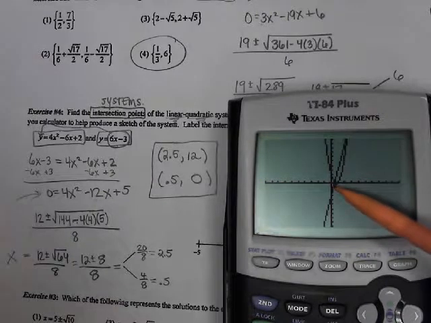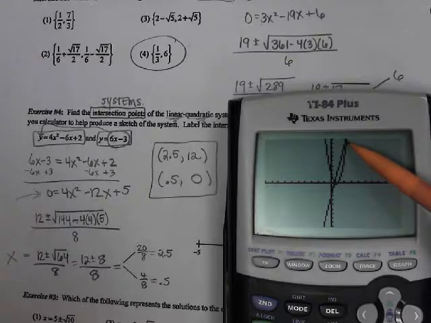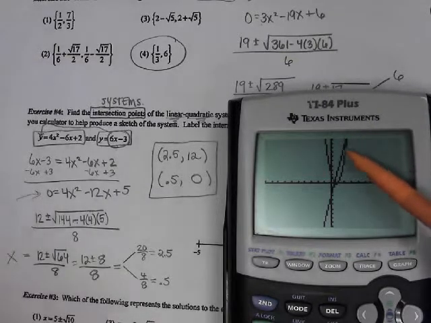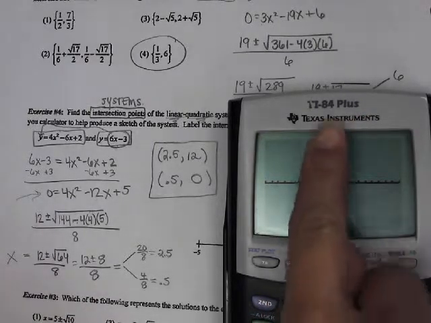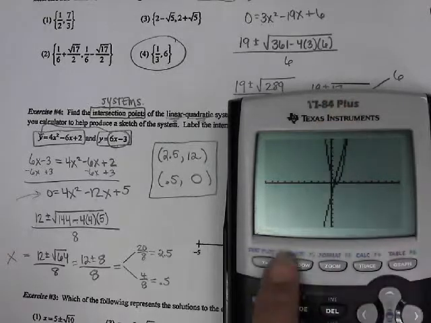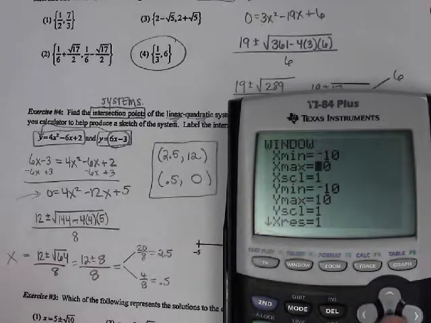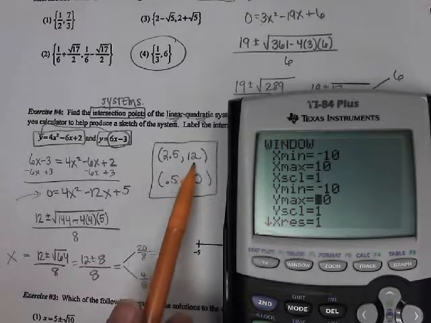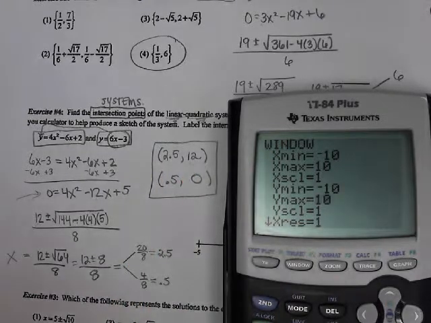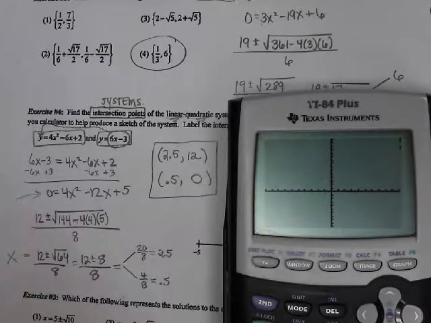And it crosses once, and it crosses twice. This one might cross a little bit off my graph, might be a little bit further up. So I would go to my window, and if I want to see further up, I'm going to change my y-axis maximum. Actually, since I know the answers, I know it's crossing at a y value of 12. So I'll go up to 15 and that should be plenty.